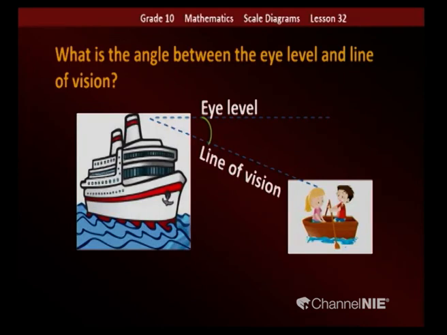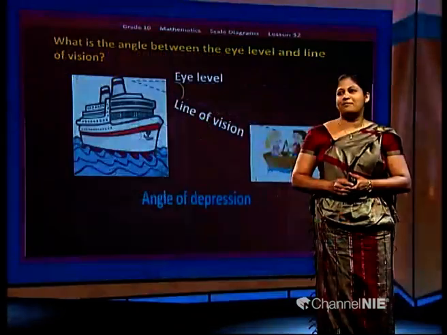One more. Look at this one. What is the angle between the eye level and the line of vision here? The line of vision is below the eye level. What is that? Yes, that is angle of depression.